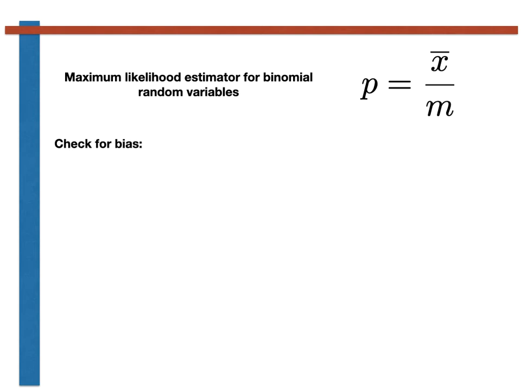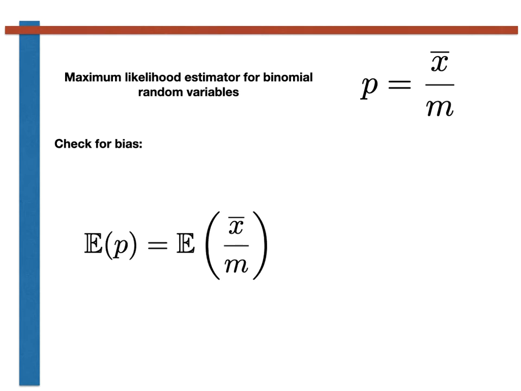As we have seen in previous weeks, we check for bias by calculating the expectation for the estimator. In this case, the estimator for the parameter p is the sample mean over m. To determine the expectation, we thus need to calculate the expectation shown here.